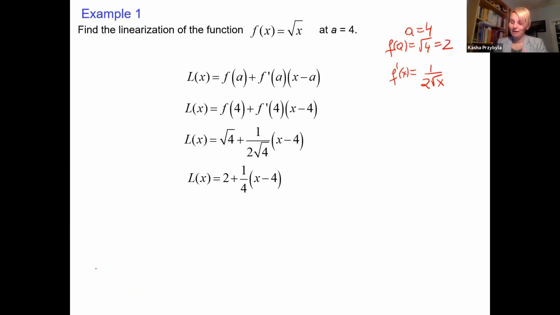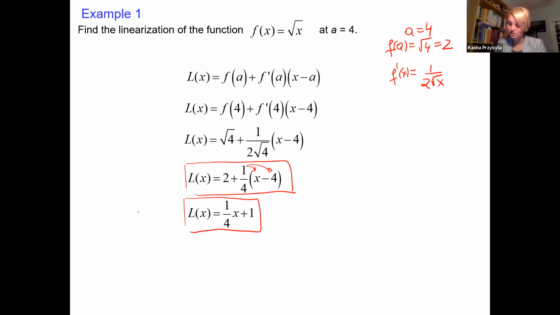And this is, of course, still not the final form, because it would be nice if I distribute 1/4 times x and 1/4 times -4, which gives me -1, plus 2 is +1. This means the second box is the final form, because it's mx plus b: 1/4 x plus 1.